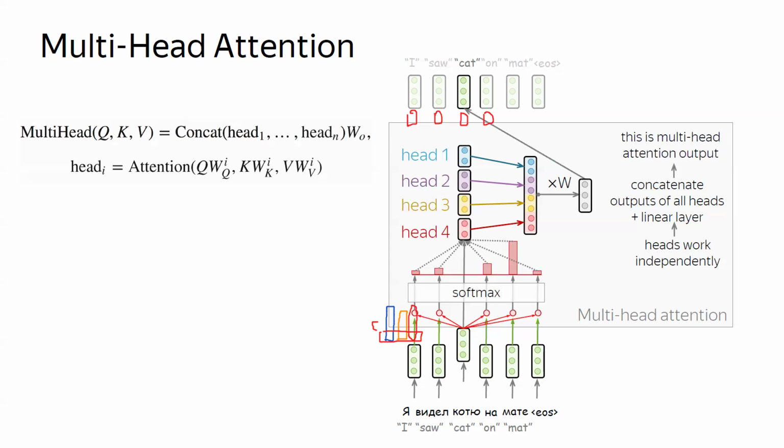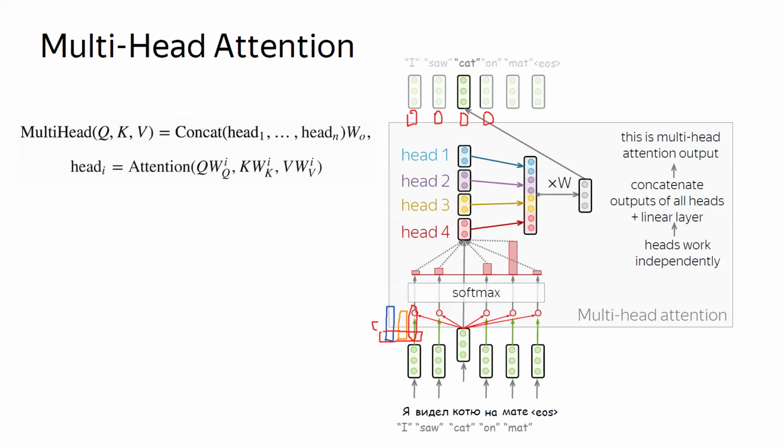And this is the formula for multi-head attention. First we apply 3 different layers to our input embedding. So we have these 3 different representations.